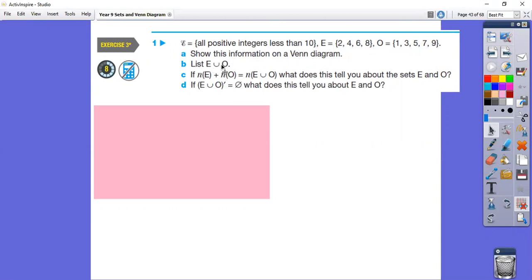List E union O. If the number of elements in E plus the number of elements in O is equal to the number of elements of E union O, what does this tell you about the sets E and O? And if E intersect O is an empty set, what does this tell you about E and O?